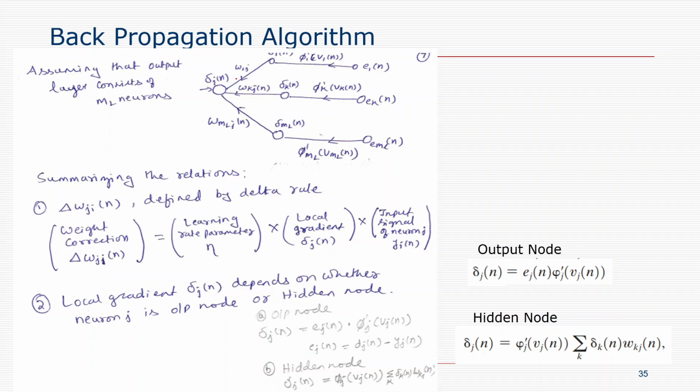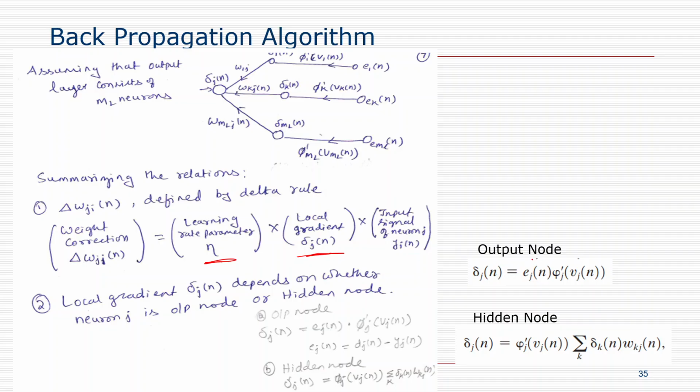And now summarizing finally, our update rule is that the corrected weight wji of n is defined by the learning rate eta with the local gradient delta j of n with the input signal of the neuron j, that is yi.